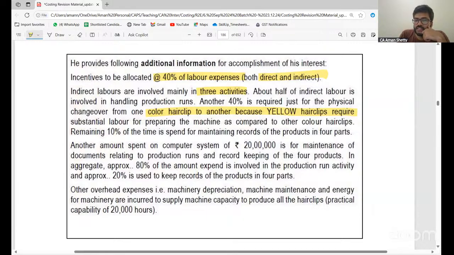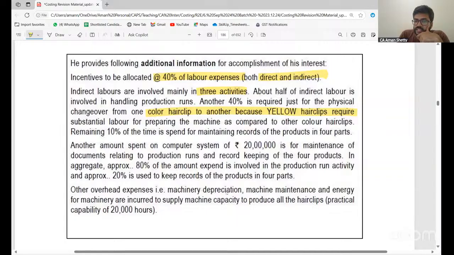Remaining 10% of the time is spent for maintaining records of the products in 4 parts. Another amount spent on computer system, 20 lakh, is for maintenance of documents relating to production runs and record keeping of the 4 products. In aggregate, approx 80% of the amount spent is involved in production run activity, and approx 20% is used to keep records of products in 4 parts.